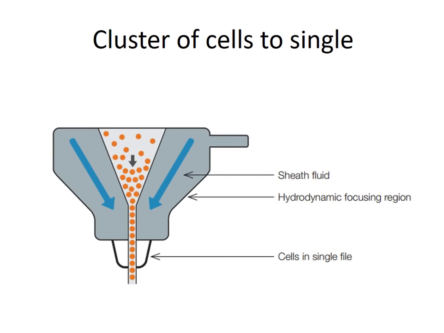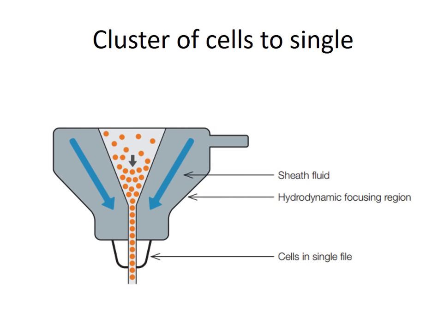Now, this is what happens. The flow cytometer takes up the blood sample, and again it's this huge mixture of cells, and it mixes the blood sample with sheath fluid.